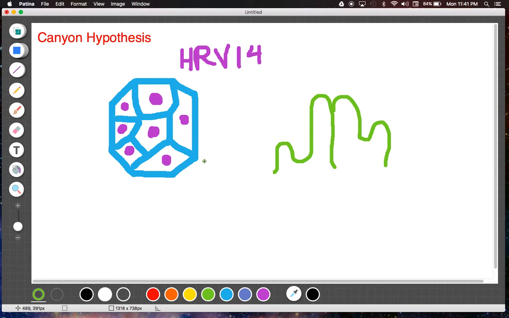So when you have these canyons, the virus uses the canyon to attach to, say, a membrane protein in the host cell's membrane. So there's a membrane protein, and here is the lipid bilayer.